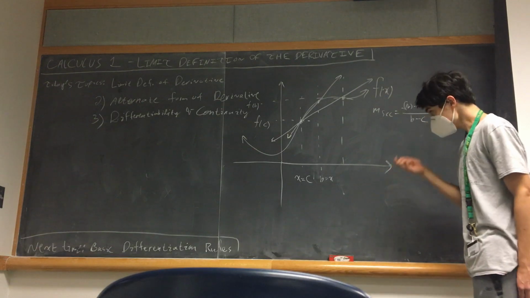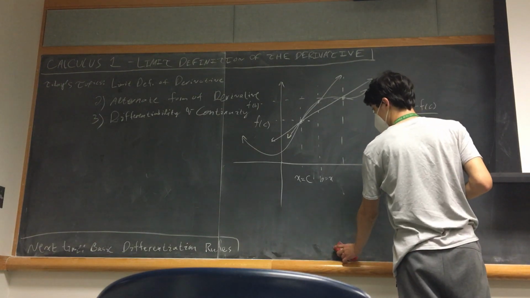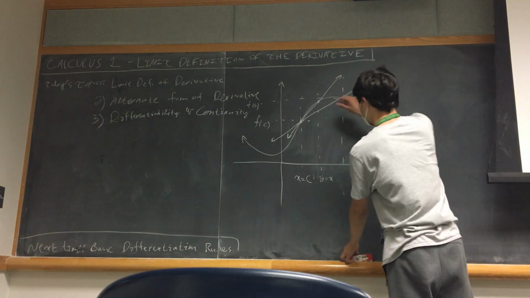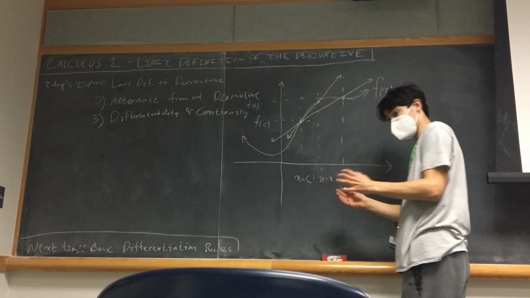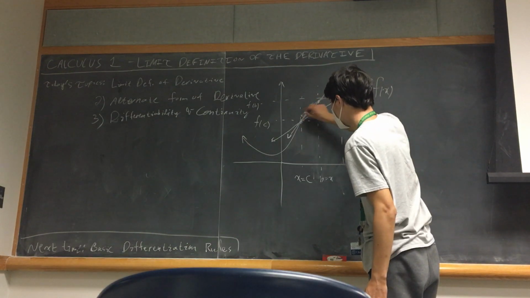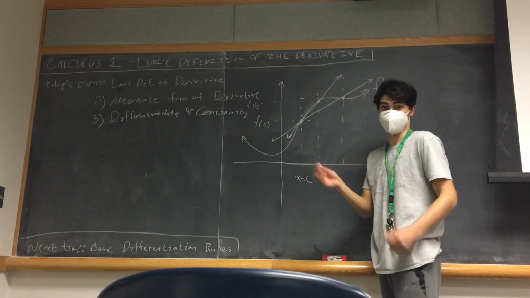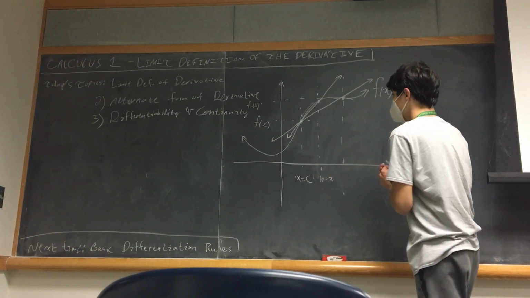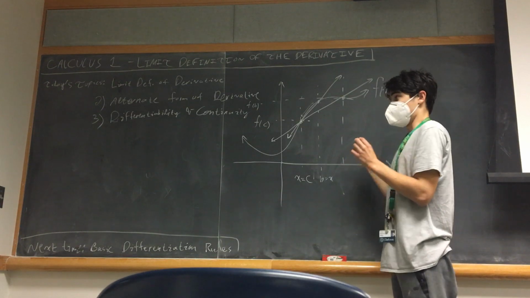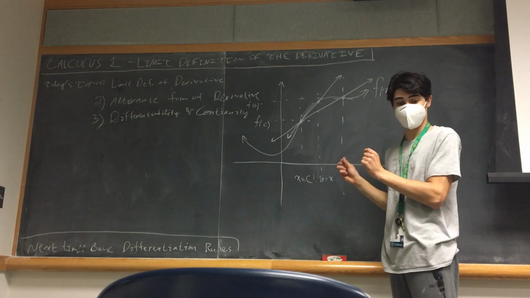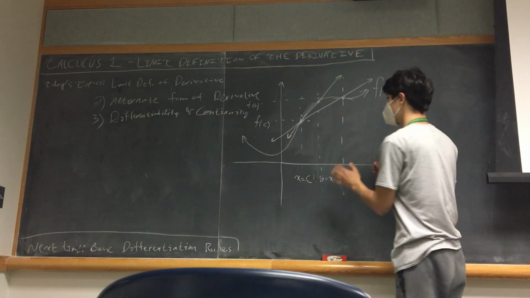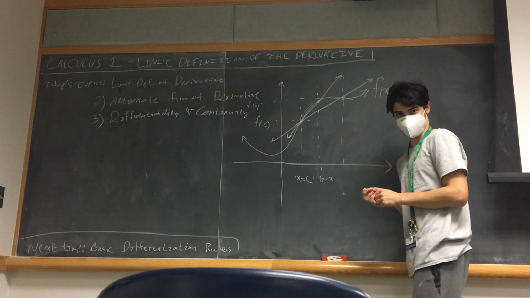So we're going to make these secant lines closer and closer. We want to move this point b closer and closer to c. Well, as we looked at in the last video, we can look at something as it gets closer and closer to a certain value by taking a limit. So what we're going to do here is take a limit.